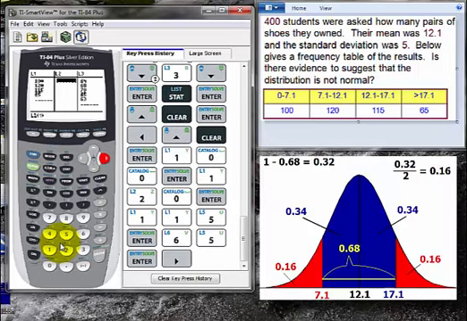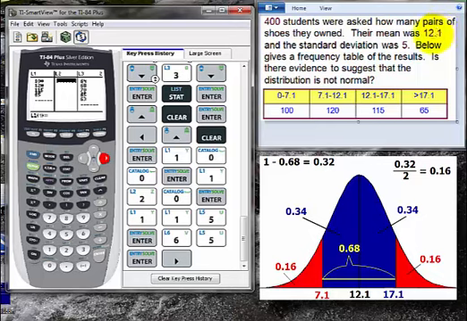Okay, L2 is a little tricky. Here's where we have to remember how the normal curve works. Well, notice that the mean is 12.1. The standard deviation is 5. So if we add the standard deviation to the mean, you get 5 plus 12.1, which just happens to be 17.1. This was not some weird number I threw in.